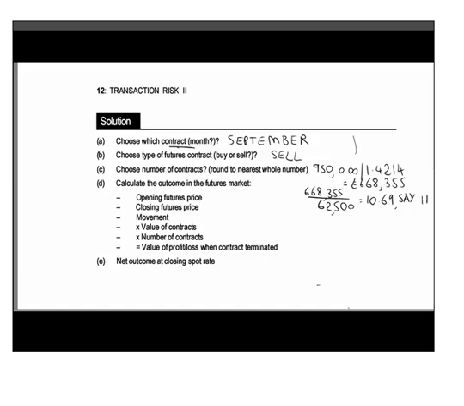What's the outcome of that? Well, the opening futures price that we sell at, remember, is 1.4214. Fast forward then to August, and we make our payments to our supplier, and we want to now buy 11 contracts in order to close our position. So we're going to buy 11 contracts at whatever the price is at the time. Well, the futures price at the end of August is $1.3339 to the pound.